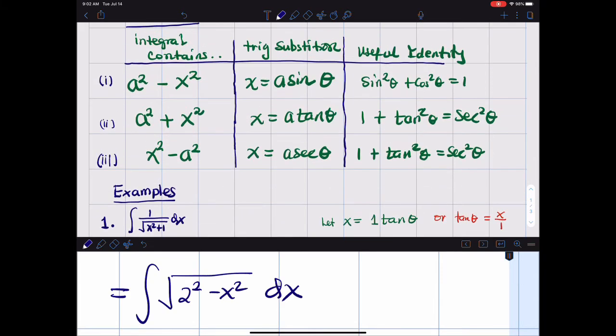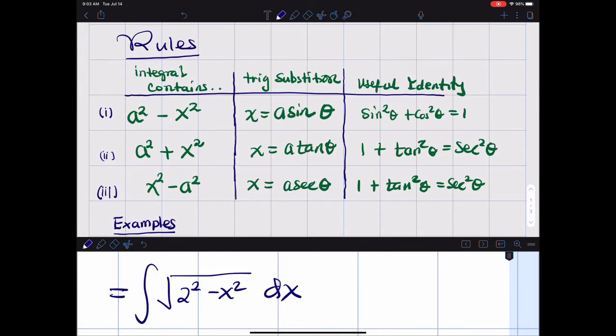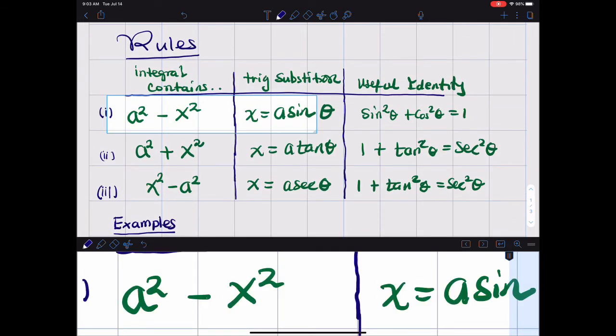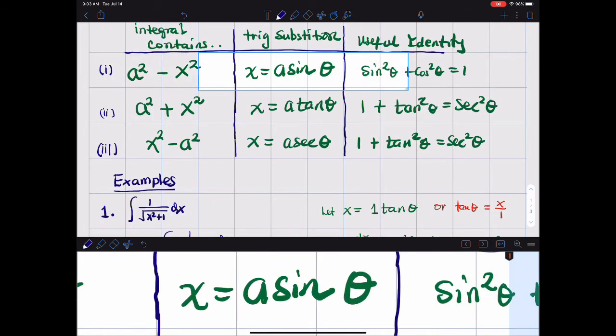It's like a squared minus x squared, where a is a constant. So think of 2 squared minus x squared. So we're going to use the substitution x is equal to 2 sine theta.